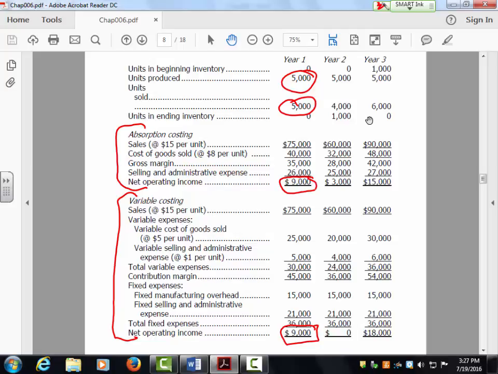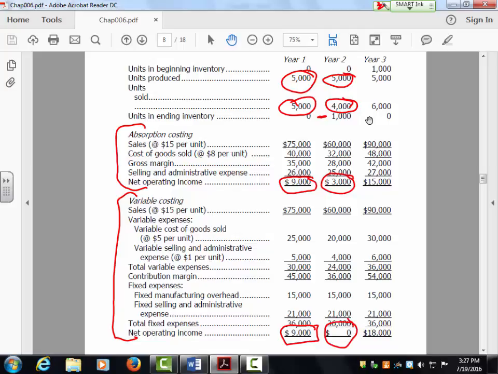In year 2, you're going to make 5,000 but only sell 4,000. Therefore, you're going to store 1,000 units in inventory. That's why you're going to have a difference in net income.